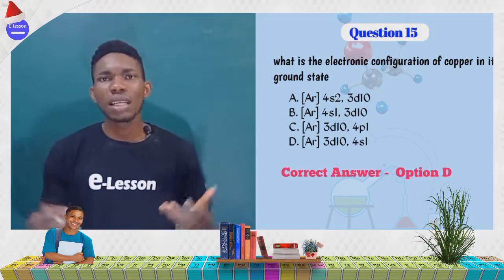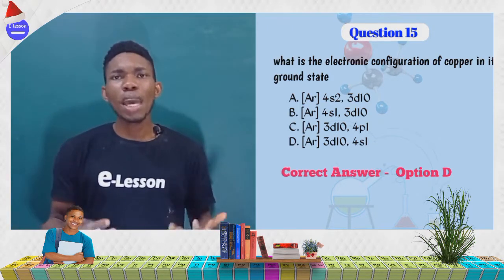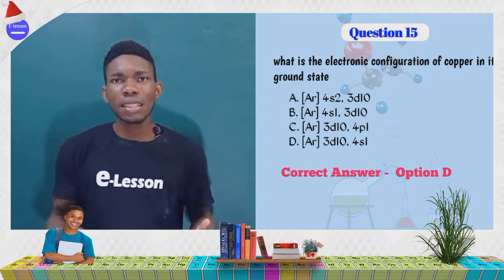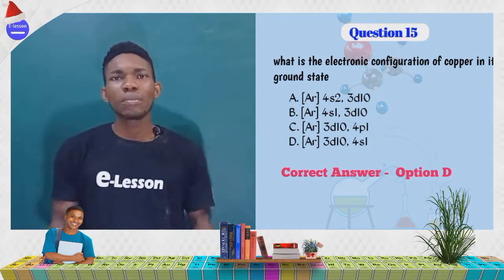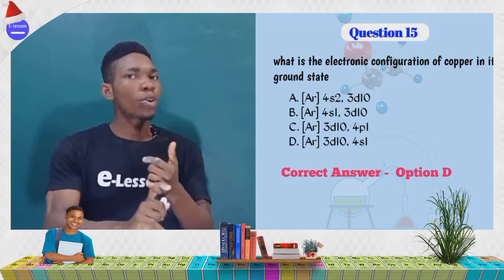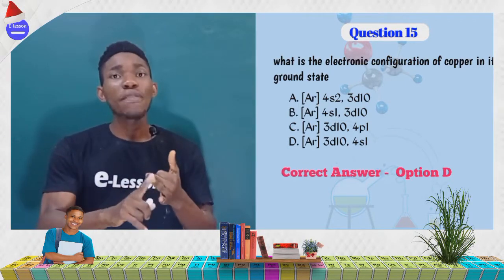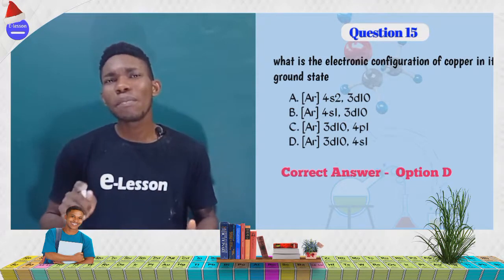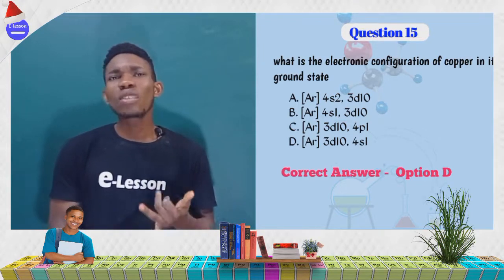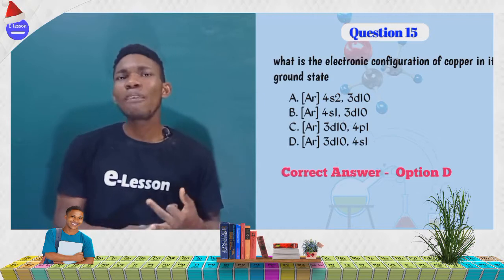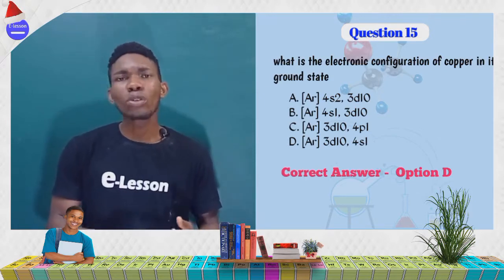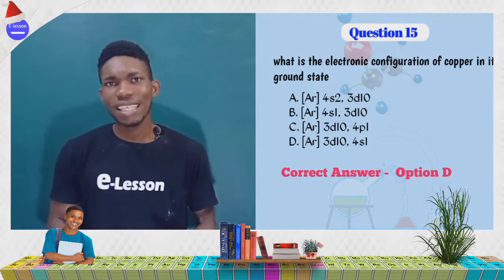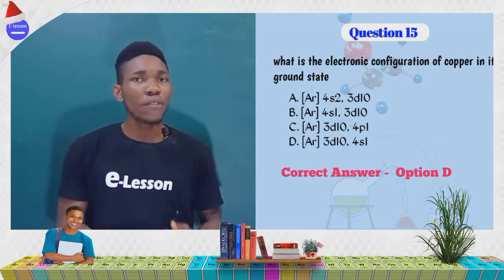That is to say that the d orbital has a more stable configuration when the d orbital is not filled at all, halfly filled, and completely filled. It is more stable when it is not filled at all, halfly filled, and what? Completely filled, as opposed to when it is partially filled.